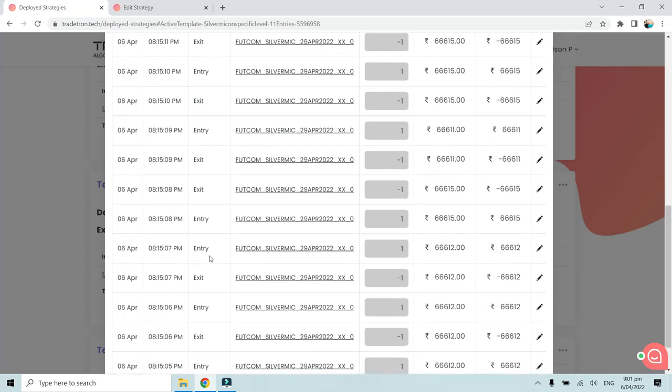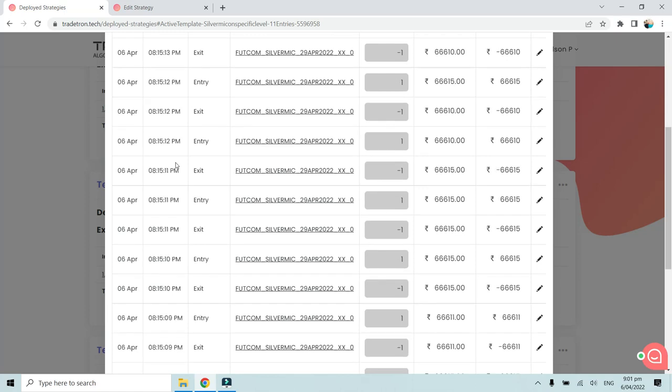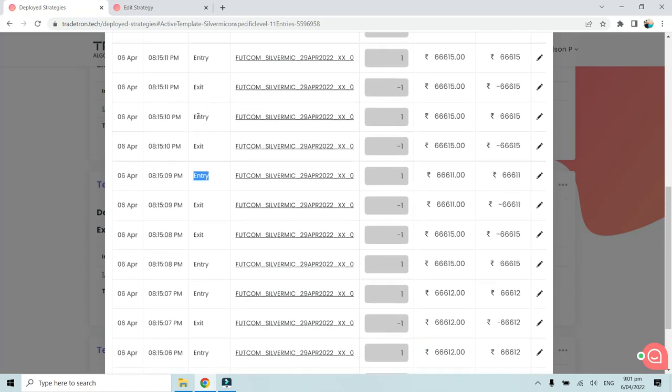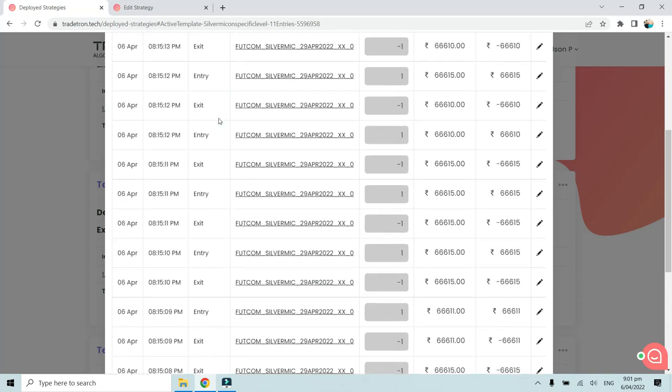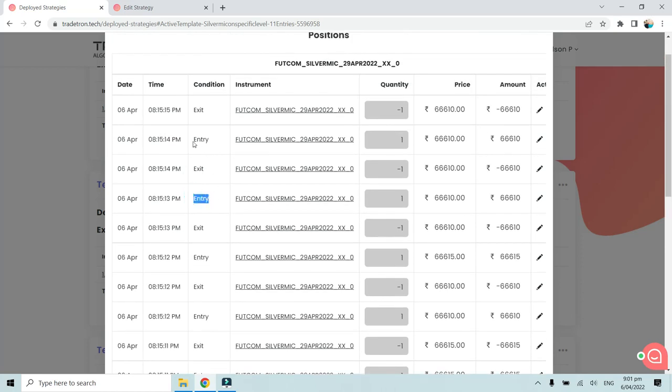This is also a looping strategy, but the strategy has not taken any trade after 8:15 p.m. If we count the number of entries, this is the first entry at 8:15, second, third, fourth, fifth, sixth, seventh, eighth, ninth, 10th and 11th.